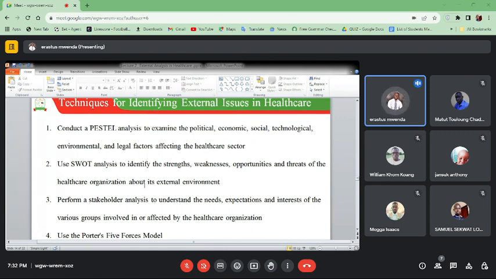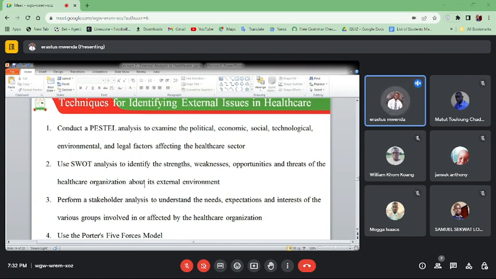Social deals with people within a particular community. So what are their cultural beliefs in terms of healthcare? Are they people that seek medical attention, or are there those that believe they cannot seek medical attention?